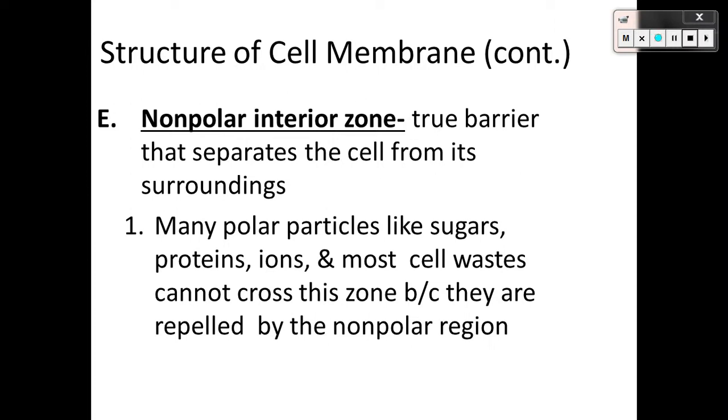This really helps the cell regulate what's coming in and out, because it doesn't want just anything to come in, or a microbe or a bacteria could attack it. So it has to be very specific in order to maintain homeostasis and keep itself safe.